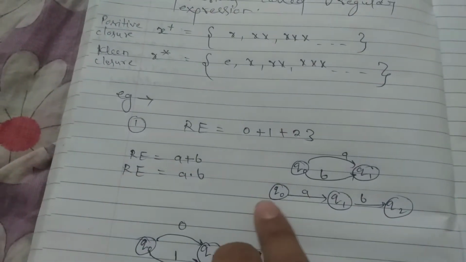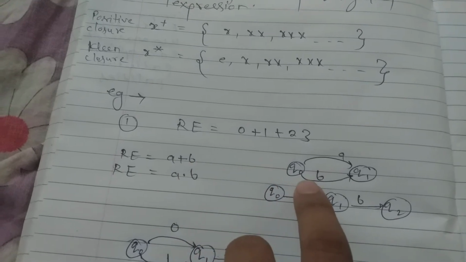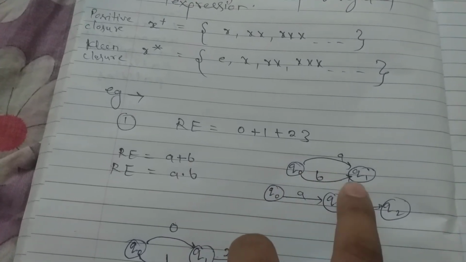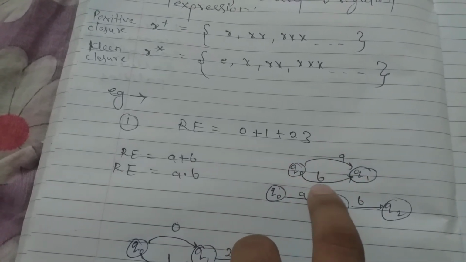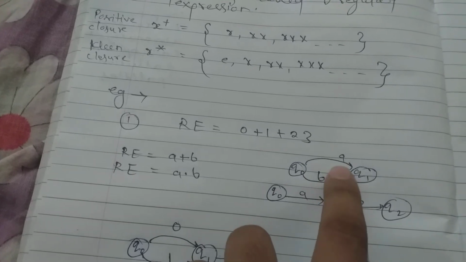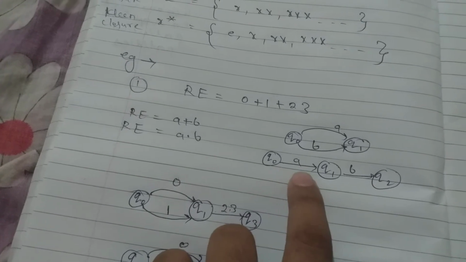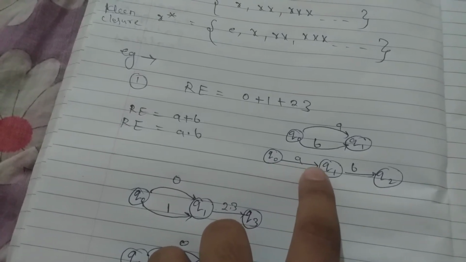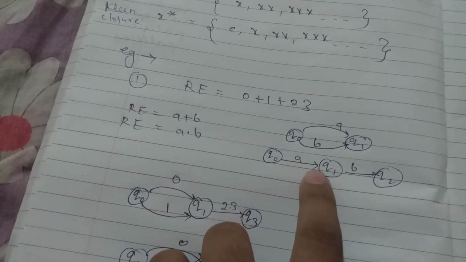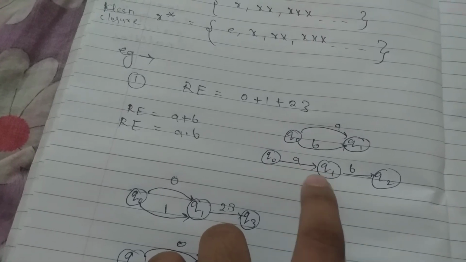Here you can see that for the plus operator we have two states, and each state has a and b as its input, and for a dot b we will consume each and every string element one by one.